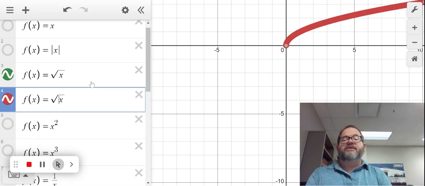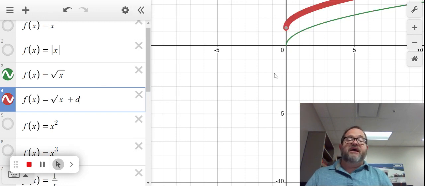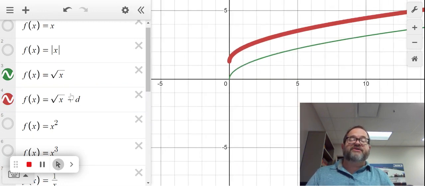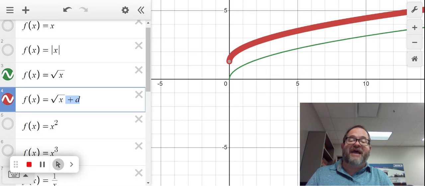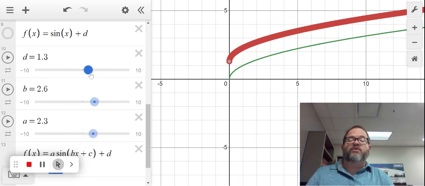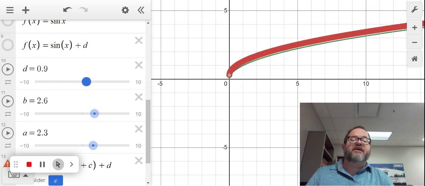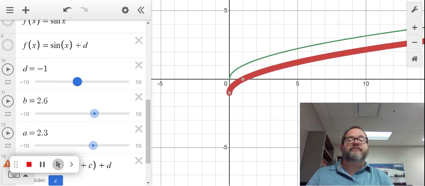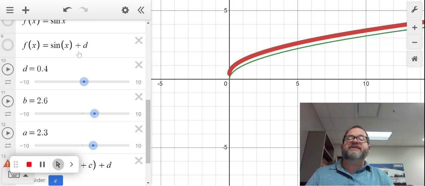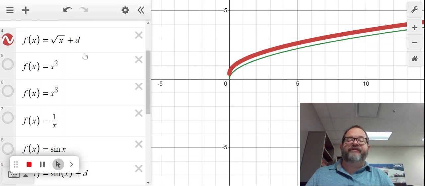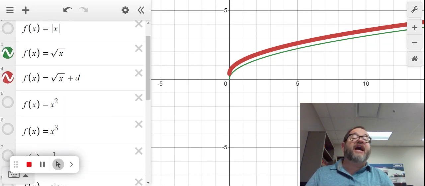Let's do the same thing here with our old parent function, the square root of x. Now as I change the value of d, I've taken the square root of x, and then outside of that I add d, where here d is 1.3 or whatever. See how it's vertically shifting the function? And this works because I added the d after or outside of where I did the parent function.